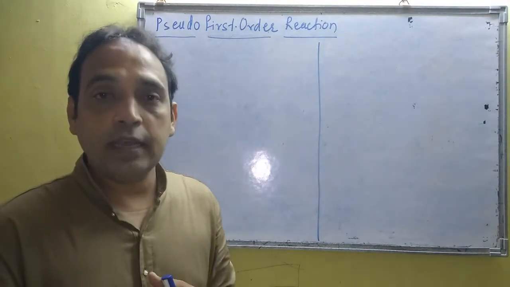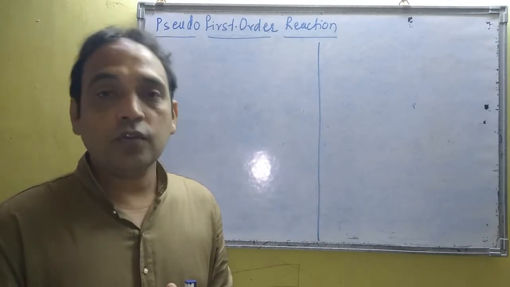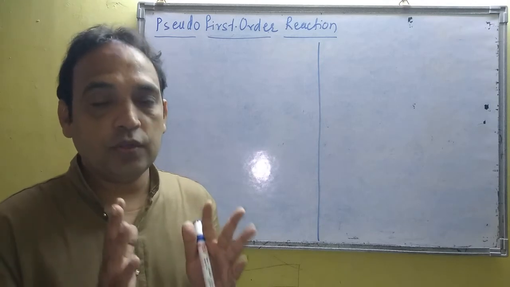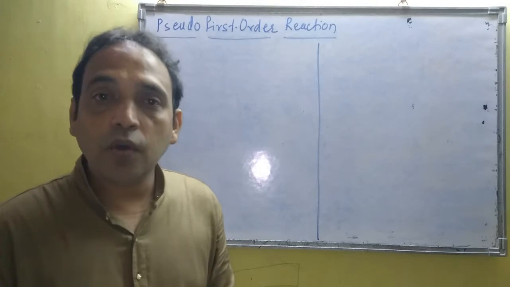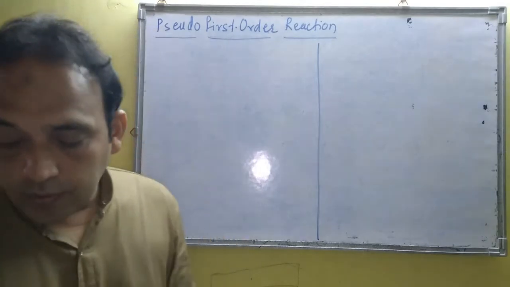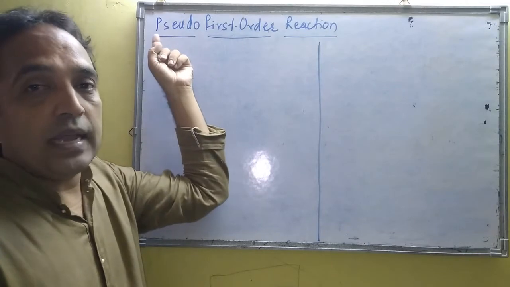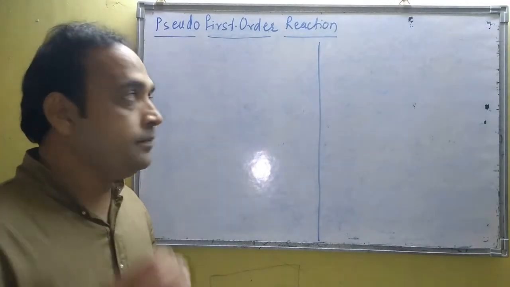What is zero order reaction? The reaction in which rate is independent of the initial concentration of the reacting species is called zero order reaction. Now our today's lecture is pseudo, here P is silent, pseudo first order reaction.